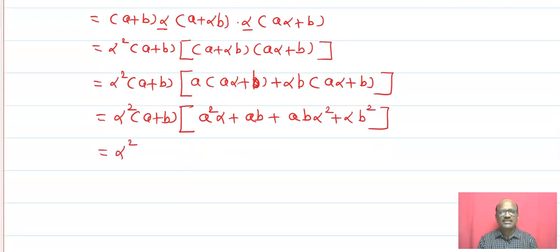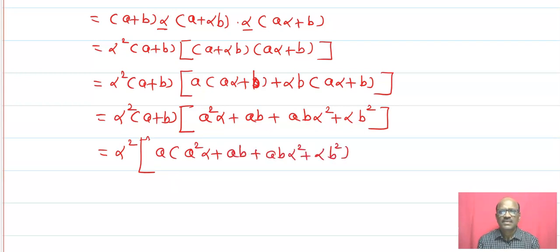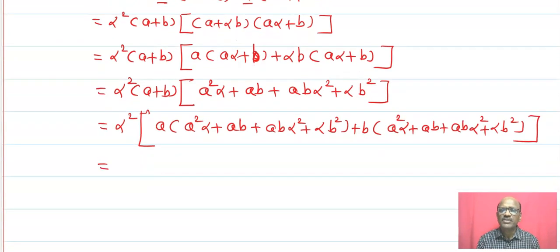Now the next alpha square in bracket, expansion of that bracket, that is the multiplication of the A and B to the whole square bracket.